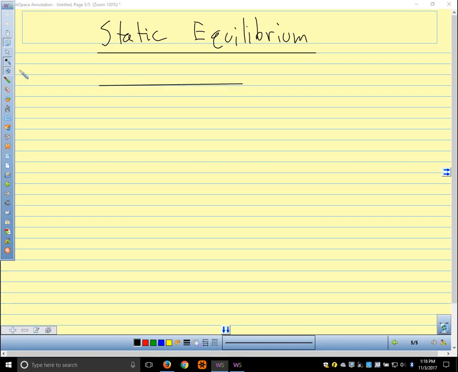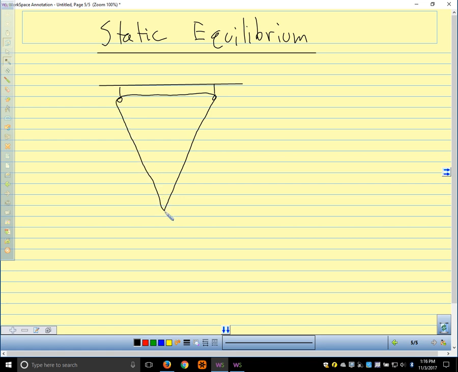So we have these pulleys, and we have some kind of weight that's suspended on cables from these pulleys. I have no idea why you'd want to suspend a load from pulleys in this orientation, but this is the kind of situation we're going to set up.